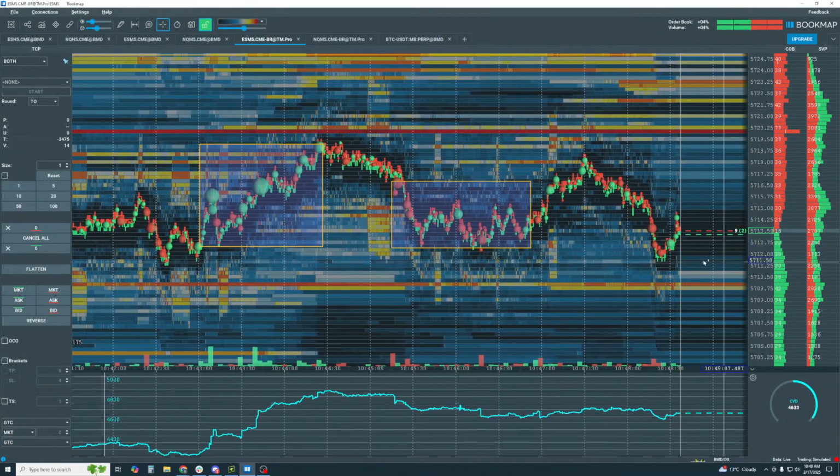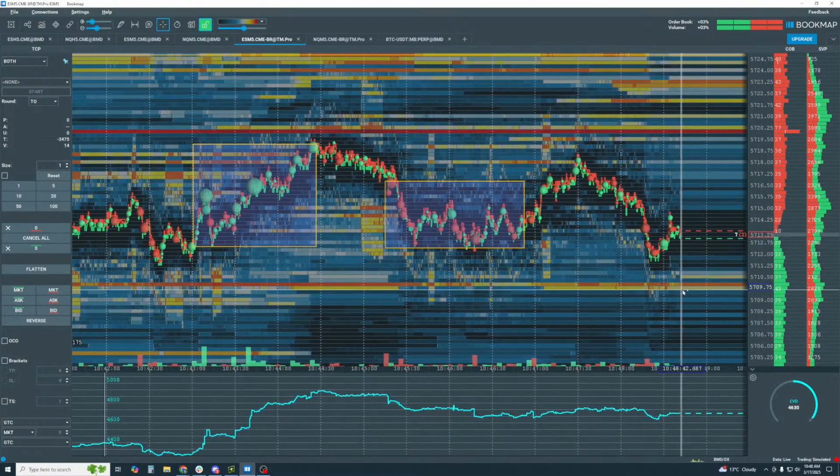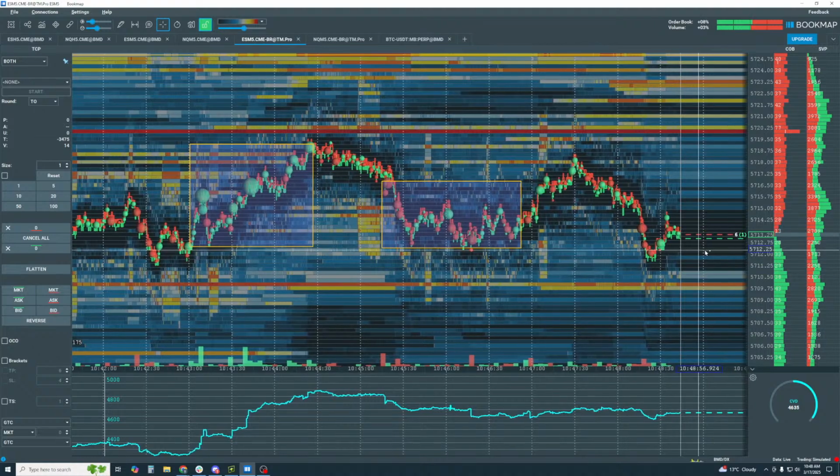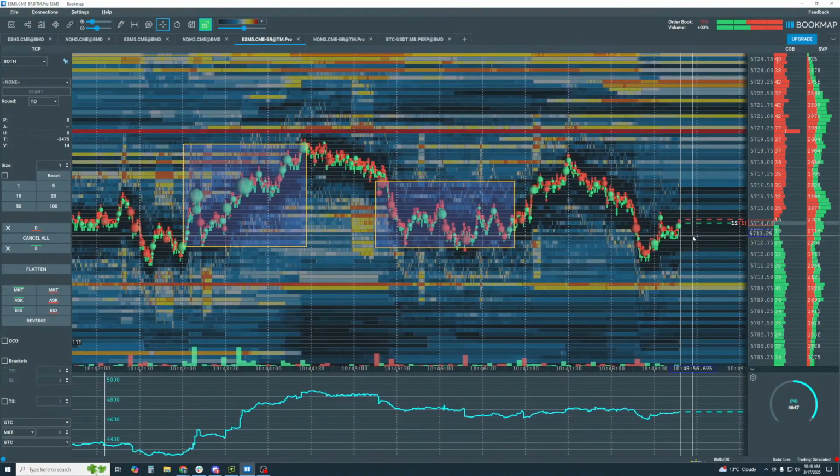Well, it's funny. Even this move here, it's looking pretty good just to hit this '09 liquidity here, or this 5710 liquidity here. Did not get it.